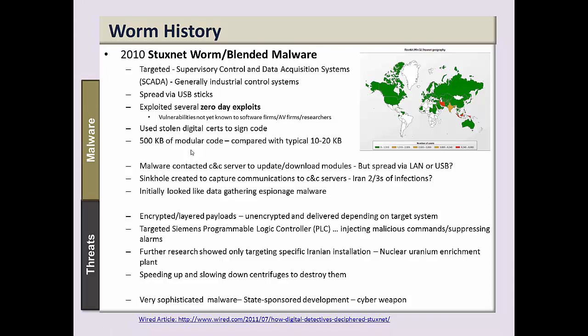What kind of systems it infected, and eventually, after quite a lot of analysis, it was discovered that it was definitely written very complex over a period of years by the looks of it, and it was targeting a specific type of SCADA system, basically Siemens PLCs.